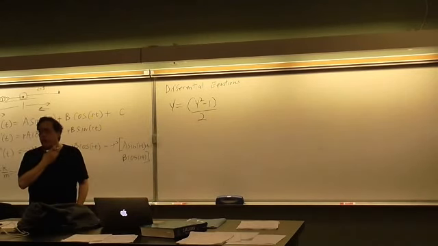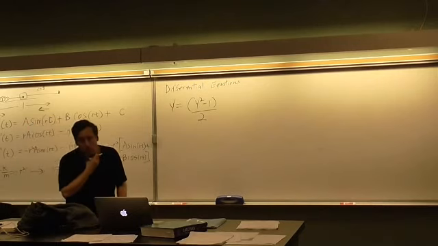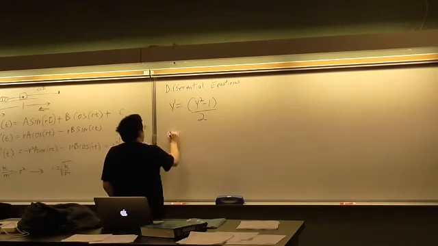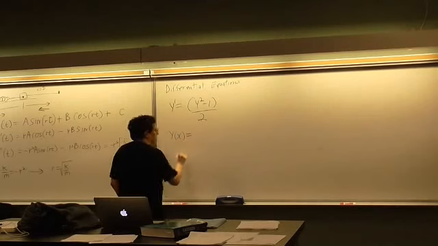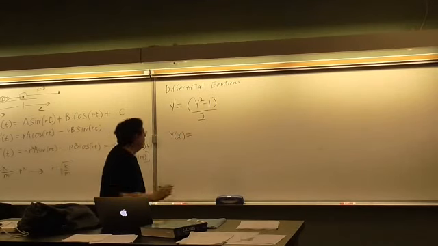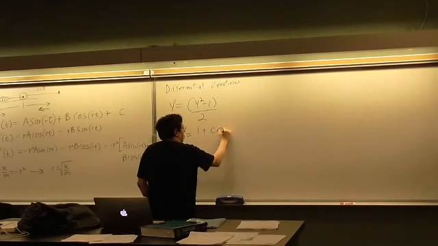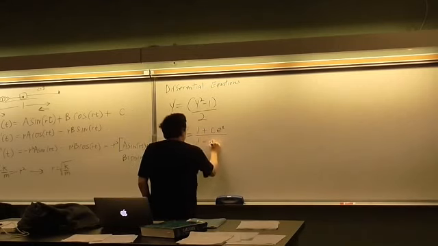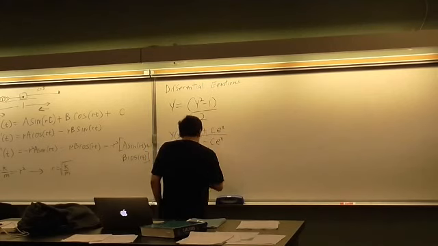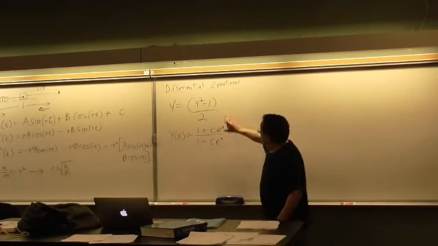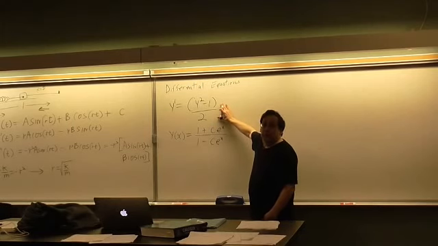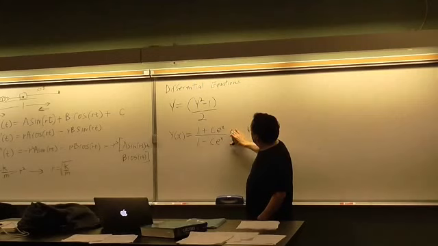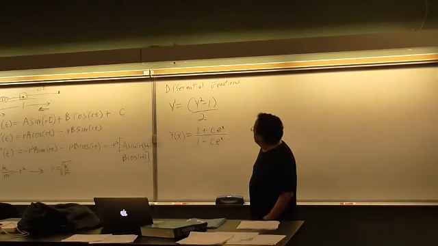And I want to suggest a possible solution, which is that y of x equals 1 plus a constant times e to the x over 1 minus that same constant times e to the x. Now, we have no idea how to solve this right now. So we're just going to see how easy it is to determine, is this actually a solution?